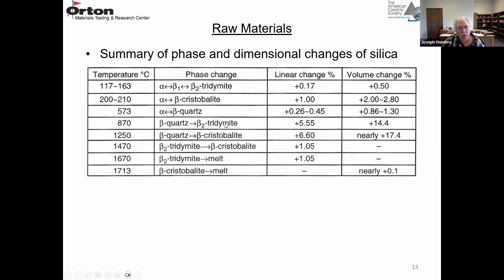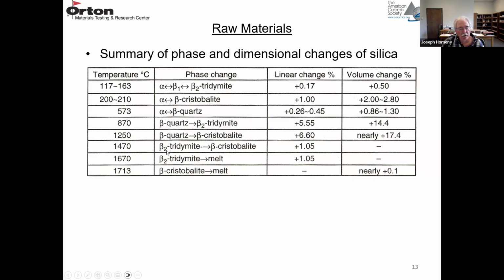Beta quartz to beta 2 tridymite, again, 870 is predicted by thermodynamics, but it's too low for kinetics. 5.55% linear change and about 14.4 volume percent change. And then at 1250 degrees C, beta quartz to beta cristobalite, 6.6 linear change and 17.4 volume change.